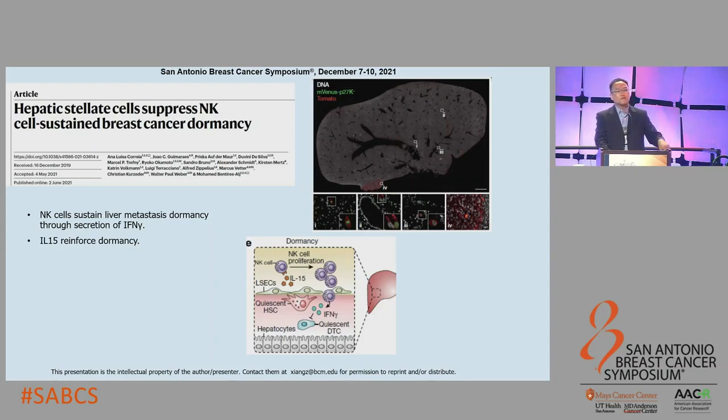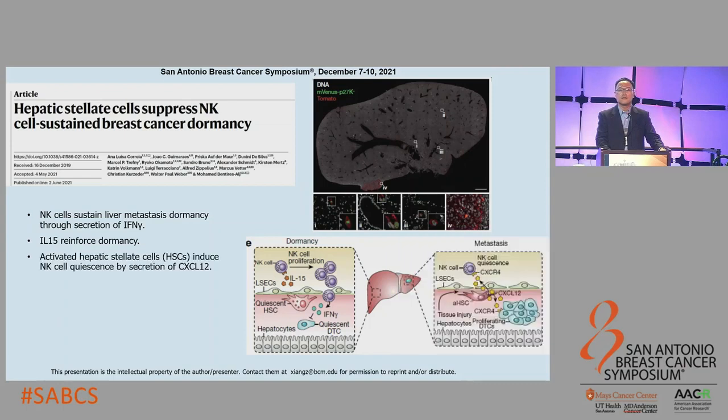IL-15 helps this process by inducing proliferation of NK cells. Here there's a dark side guy, a bad guy called hepatic stellate cells. And these cells secrete CXCL12, which does the exact opposite. They put NK cells to sleep, but induce cancer cell proliferation that leads to the termination of dormancy. So this is an example of a tissue-specific immune microenvironment dictating the cell fate of cancer cells.